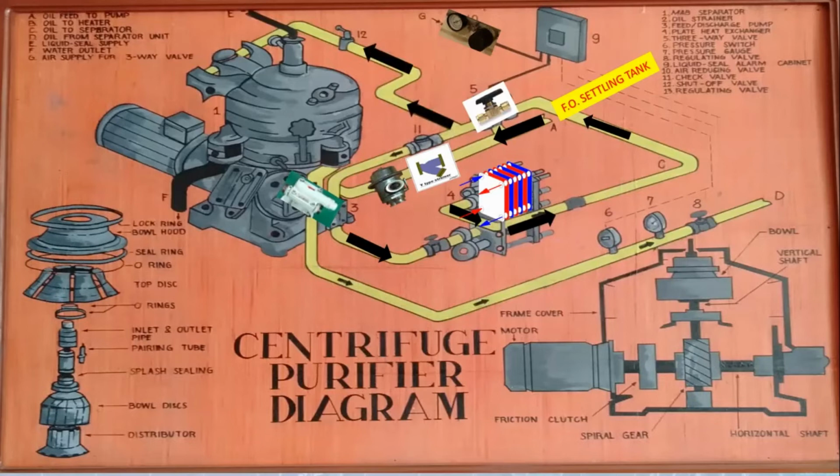Afterwards, the fuel oil will discharge, passing through number 6, what we call the pressure switch, and to number 7 fuel oil pressure gauge, and number 8 fuel oil regulating valve.